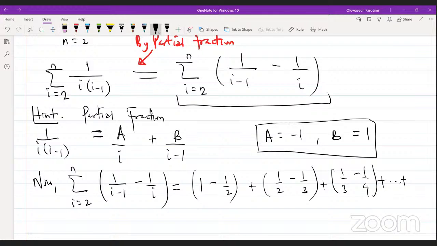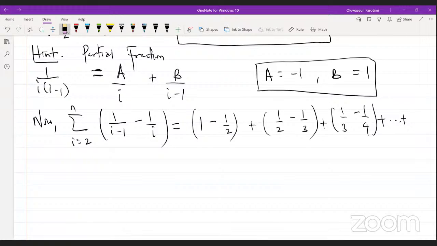So at the level of the nth term, let me come down and write something on the bottom. At the level of the nth term, what happens? You're adding one over n minus one over n. Now, what can we see, guys? Can you see things can cancel? This is negative 1/2 plus 1/2. It gets off.